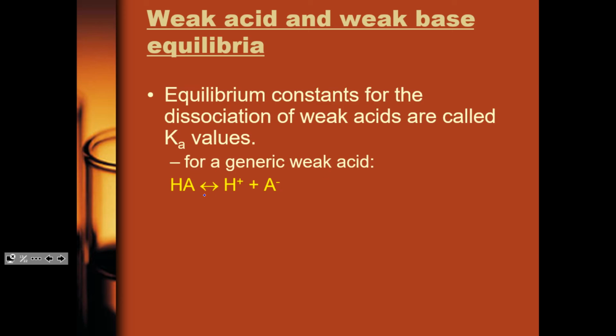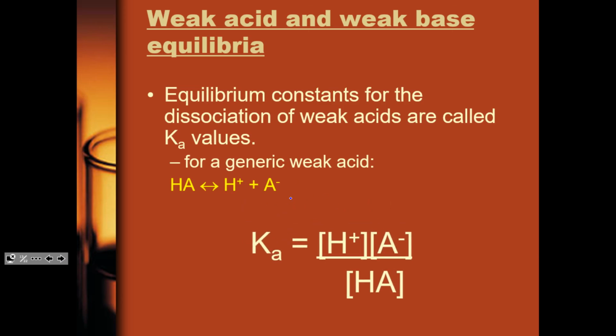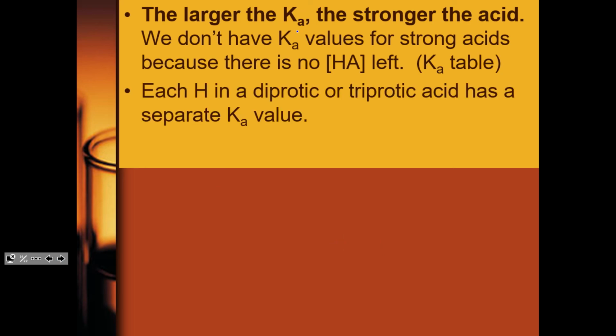For a generic weak acid, we have HA, where A is some sort of formula, breaking apart into an H plus and the rest of the formula. This is how we would write our expression, products on top over reactants. We learned this in the last unit. The larger the Ka, the stronger the acid. We don't have Ka values for strong acids because we use up all of the reactants. That's why there's no expression.